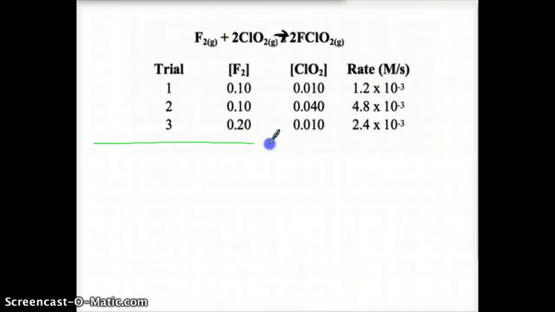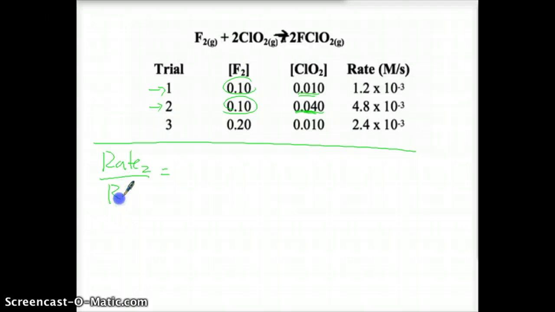We'll set up the same thing. We need to find the trials where the concentration of ClO2 changed, but the concentration of F2 did not. So here, in trial 1 and 2, the concentration of F2 did not change, but ClO2 did. So I'm going to do rate 2. I usually want to put the bigger number on top, in this case 0.04 over 0.01, because that's going to allow me to just simplify a little bit easier with the math.